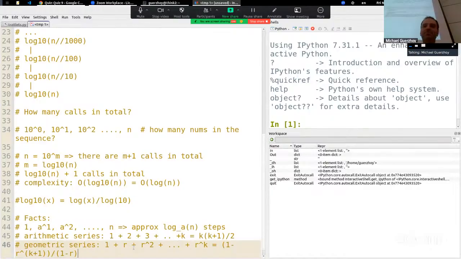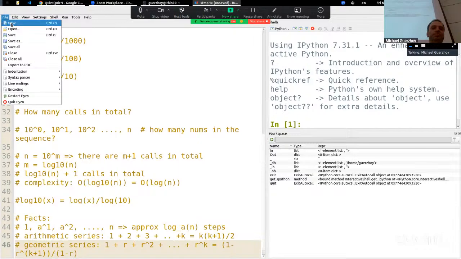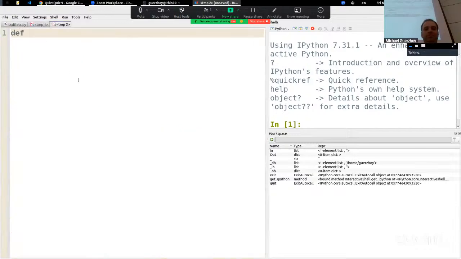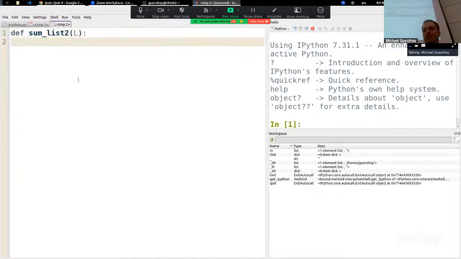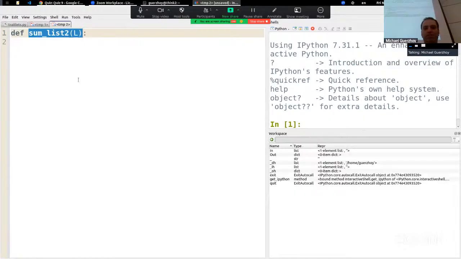Okay. So, all right, let's do a warm-up example now. That is going to be the sum list example from the other day. So the idea here, sorry, I meant to actually repeat it squared.